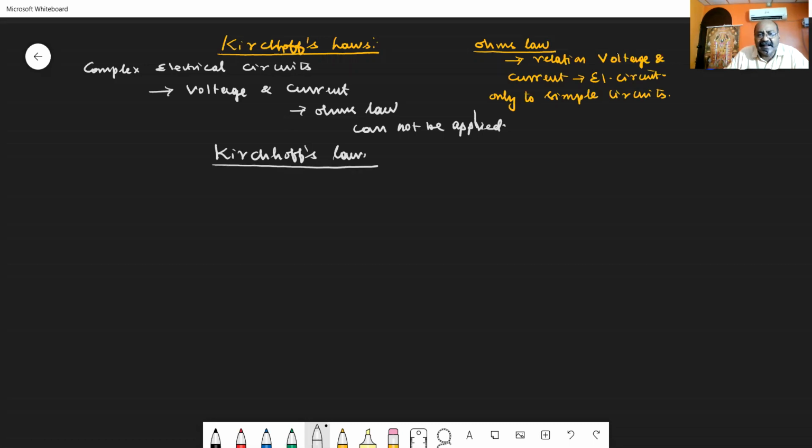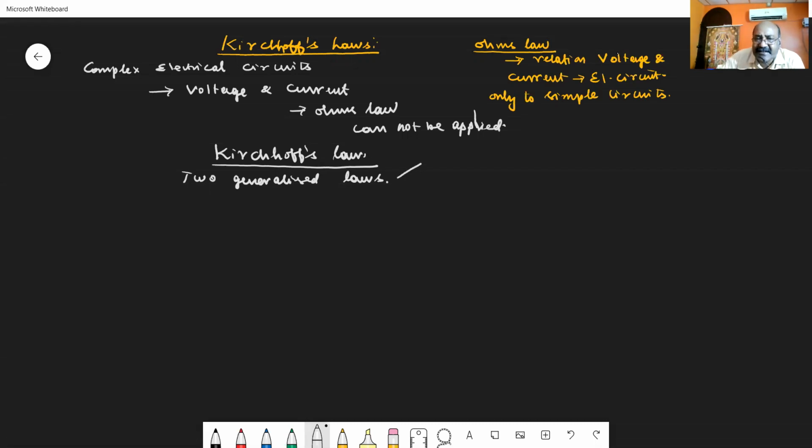Under Kirchhoff's law, there are two generalized laws available to determine the voltage and the current in complicated electrical circuits.